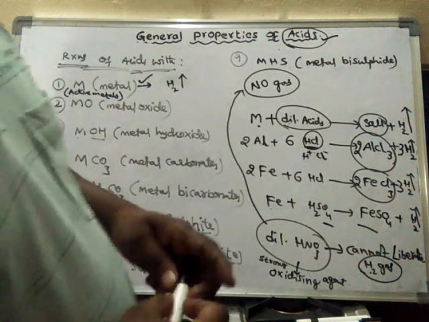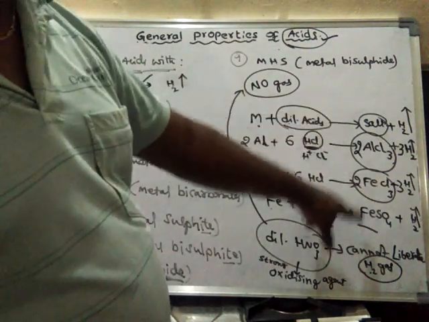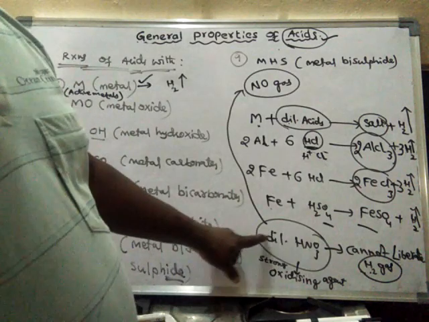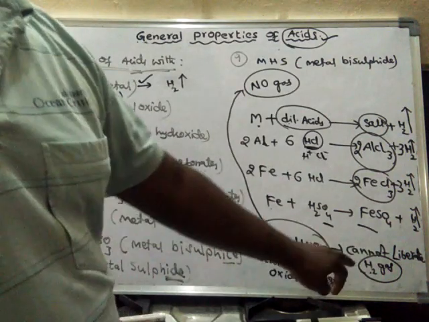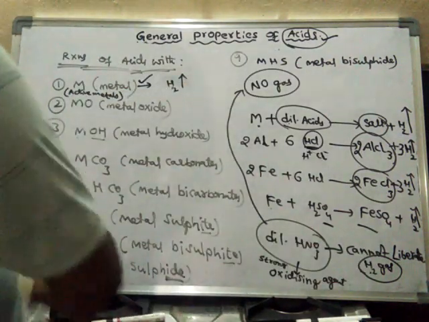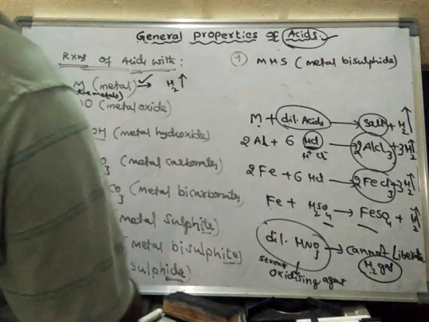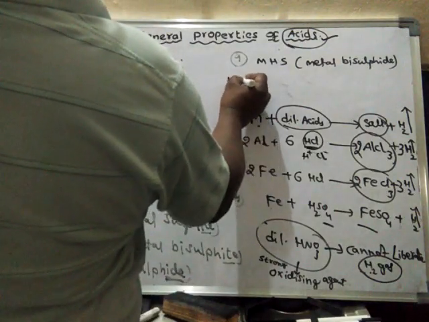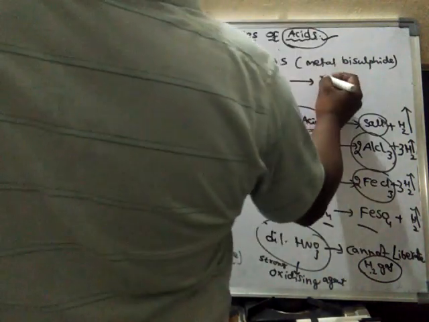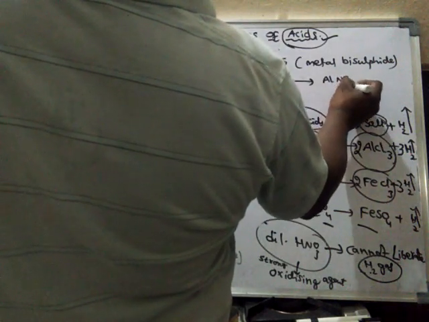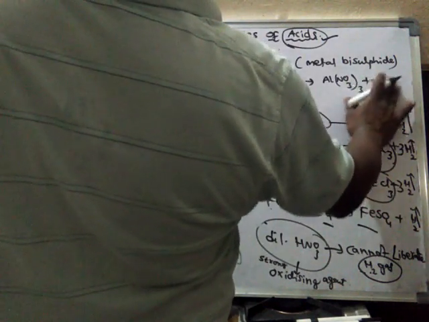So except nitric acid, all other mineral acids produce salts and hydrogen gas, whereas dilute nitric acid produces salt and, instead of hydrogen gas, NO. So write like this: dilute nitric acid, when reacted with aluminium, produces aluminium nitrate plus nitric oxide gas.